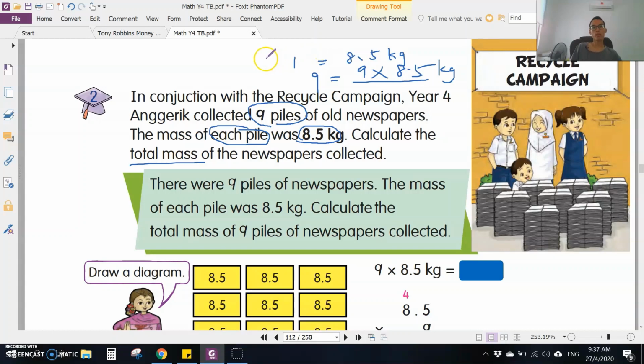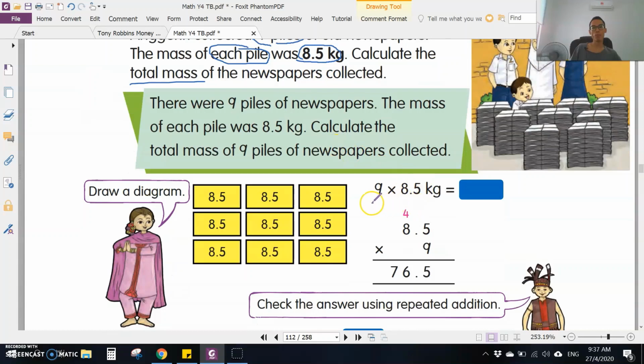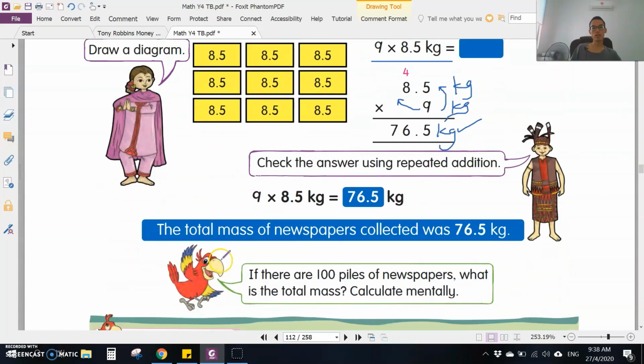Okay, 1 is 8.5, 9, how many? So this one is becoming bigger, can you see? 1 to 9, it becomes bigger. So to become bigger, you need to times. So 9 times 8.5, 9 times 5, 9 times 8, then you get 76.5. Remember to write your kg, okay? No kg, no marks.